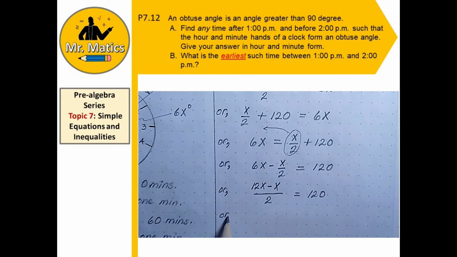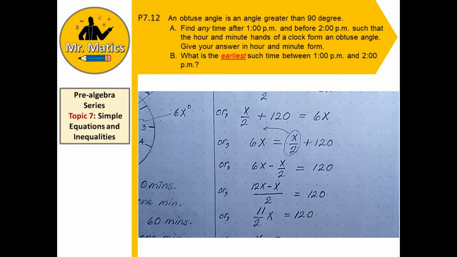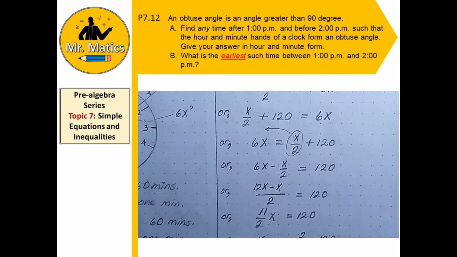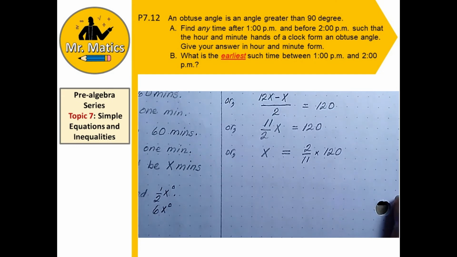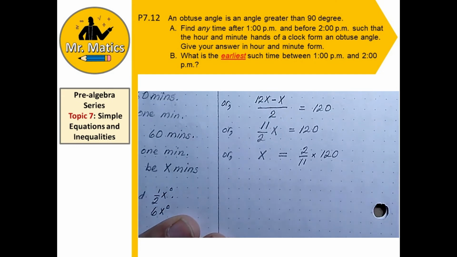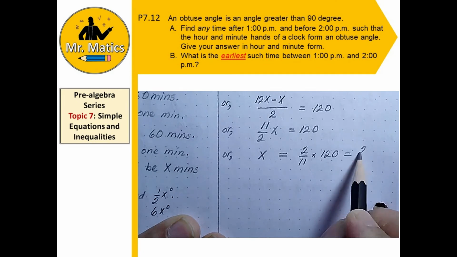Or 11 by 2 x equals 120, or x is 2/11 of 120. Which is 240 divided by 11.